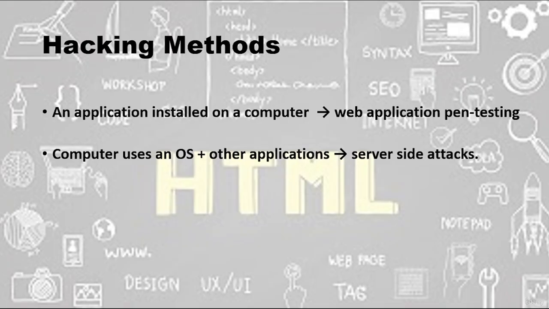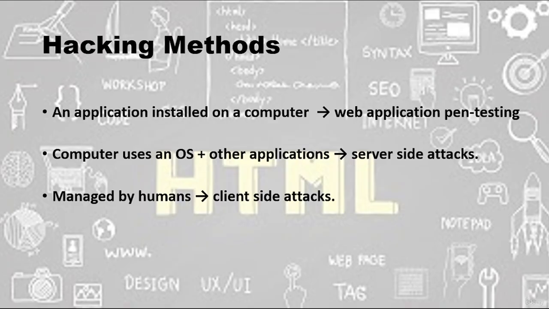The operating system can also be vulnerable, or other applications on that operating system which are not the web server or the web application. Maybe this is hosting another application. You get what I'm trying to say. And this is called a server-side attack.